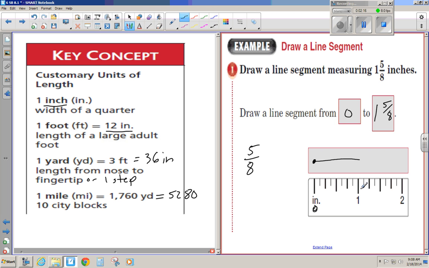Hopefully, if you look at this, here is 1 line, 2, 3, 4, 5, 6, 7, and then 8. Each of these individual lines is worth 1/8. This one here is 4/8, which hopefully you know is 1/2. So your line segment will keep coming along here until you get to 5/8. So right here is your 5/8. Here is your 0.